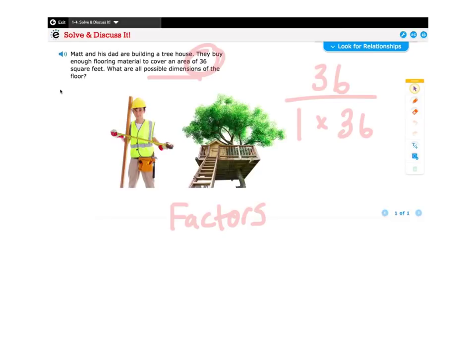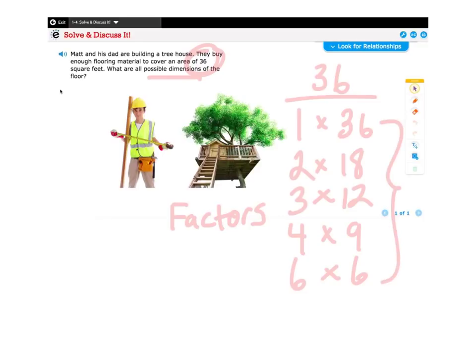That would give me an area of 36 square feet. How about 2 feet by 18? How about 3 feet by 12? How about 4 feet by 9? Or, of course, 6 feet by 6. So these are all of our possible dimensions. Hopefully you came up with one or two, or heck, you might even have come up with all of them.